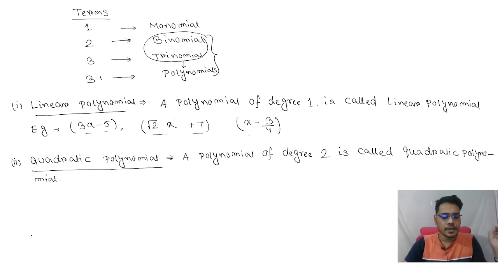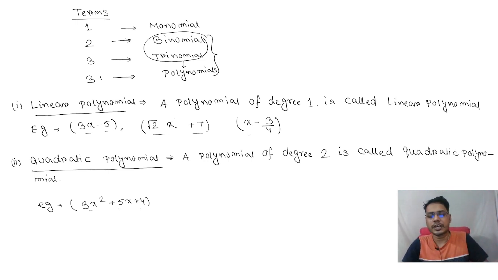So it is called the quadratic polynomial. For example, if we take the example 3x square plus 5x plus 4, let's check how many terms are there. 1, 2, 3. So that means it is a trinomial, or it comes under polynomial, and the power or the degree of x is 2. So if degree is 2, we can call it a quadratic polynomial.